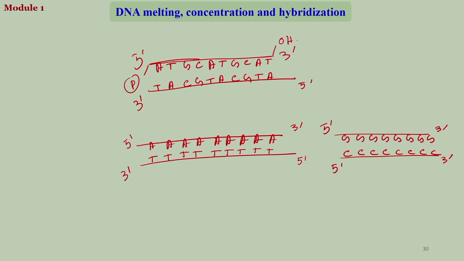So there is a way to determine the strength of the DNA, and that is known as DNA melting temperature. In short, this is written as Tm.